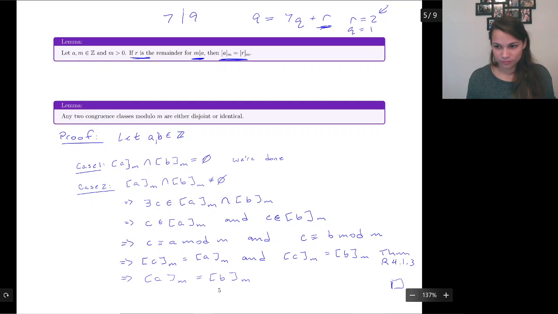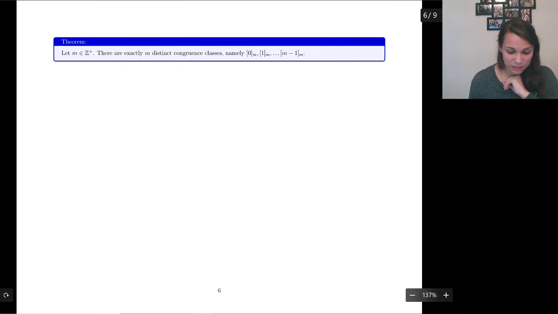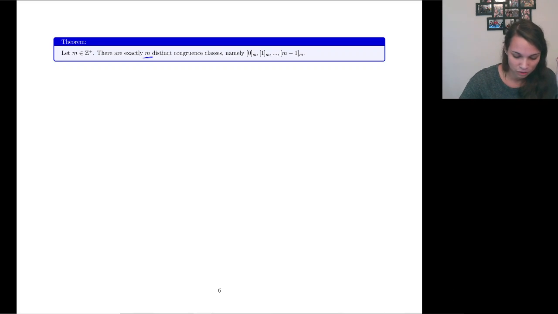Next, since they're either disjoint or identical, the question is exactly how many can we have? The answer is we can have exactly m for anything that's been modded by m. We have exactly m distinct congruence classes. Specifically, these are them.